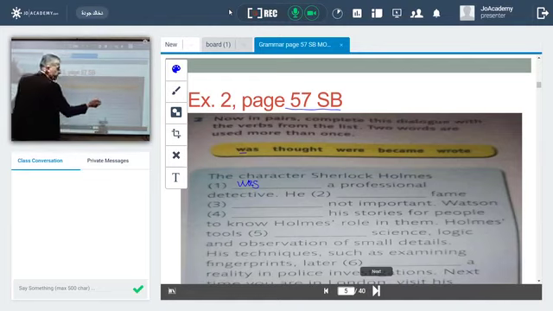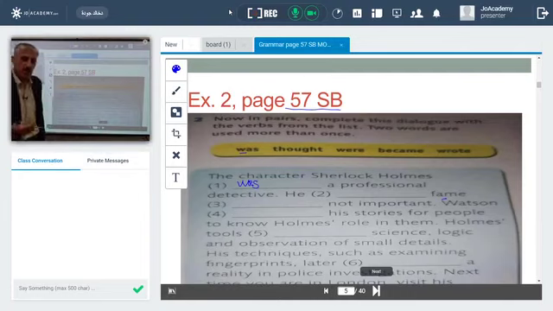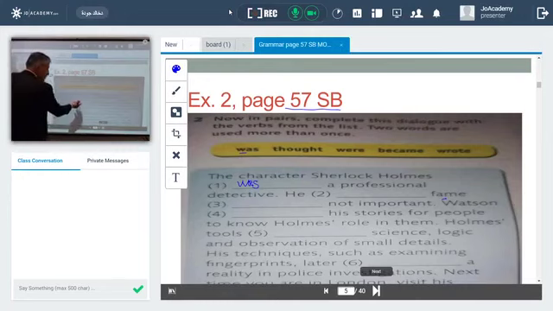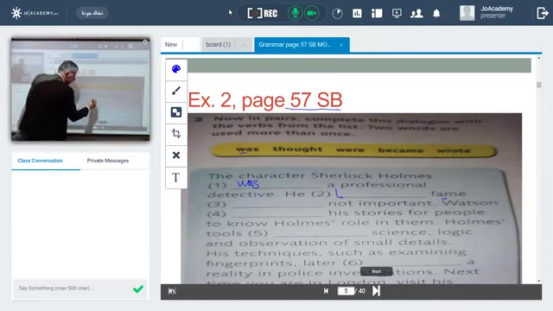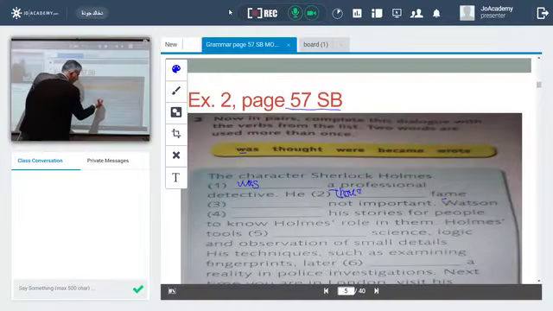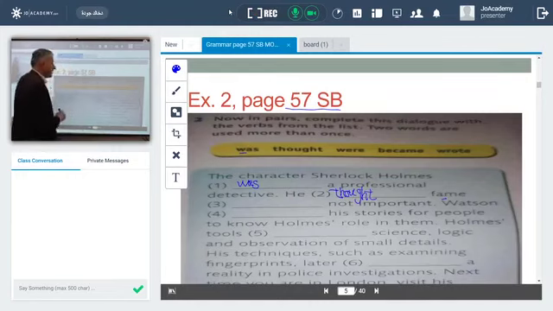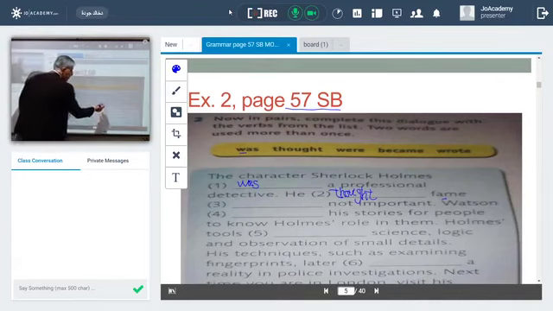So what's the meaning of fame? We have to understand the meaning of fame. Fame, if I say it in Arabic, it means shuhra. So he refers to Sherlock Holmes. So he thought, the past of think. He thought, we will listen to it after we finish. He thought fame, blank, not important.